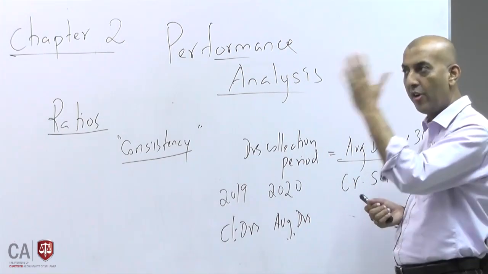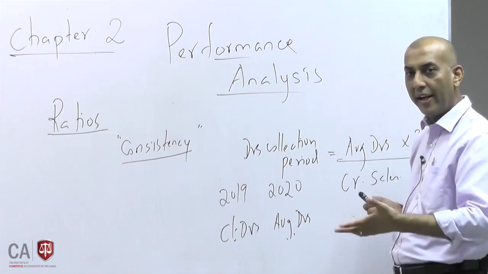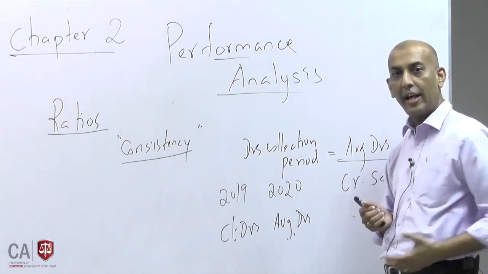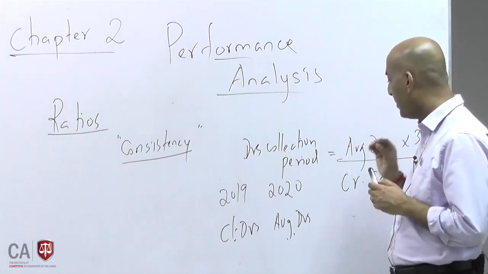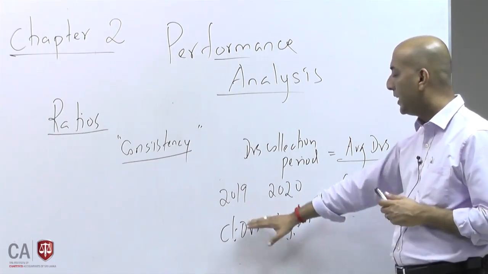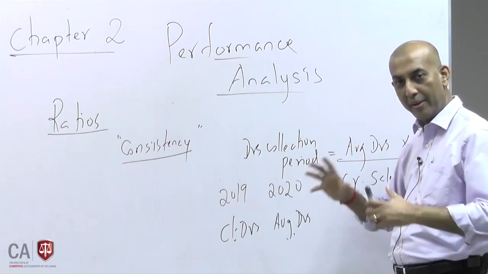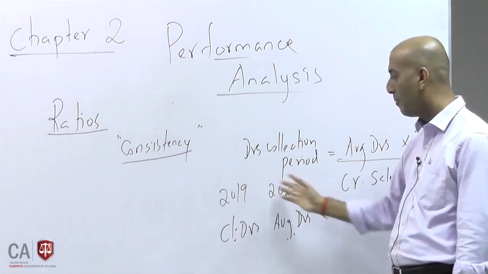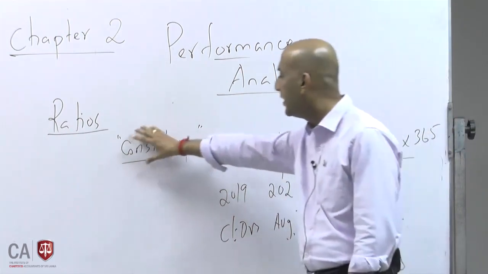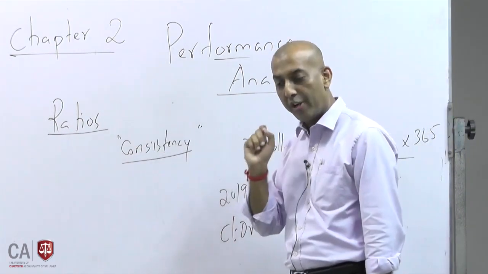You have to calculate both years the same way. Otherwise, that ratio comparison cannot be done or it's not meaningful. So please make sure that you use the same denominator and numerator basis to calculate ratios for a period or different periods. So this consistency is very important for ratio calculation.